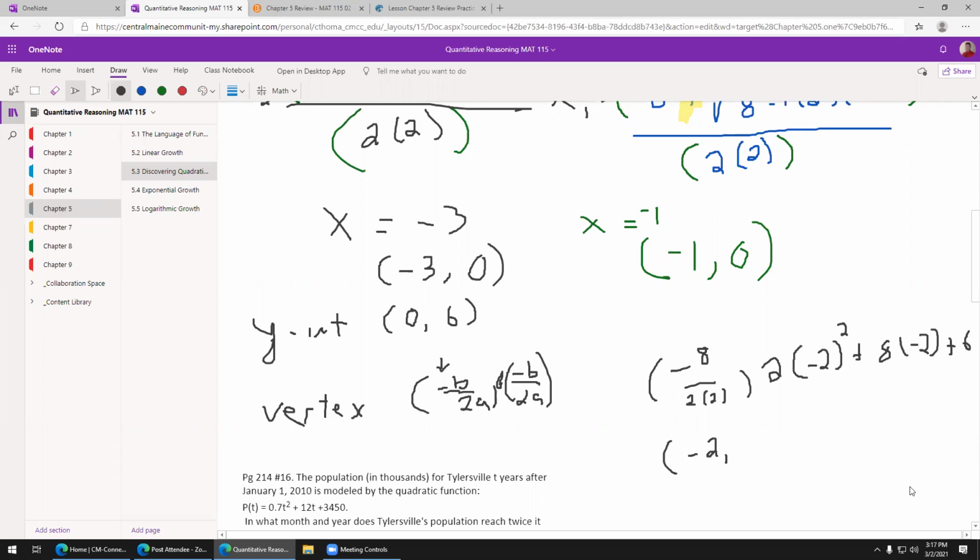So parentheses, -2, close parentheses, squared, plus 8 times -2, plus 6 gives me an answer of -2 again. Of course, I don't have my answers here, so I'm hoping I'm doing this right. If someone else gets a different answer, please let me know. Check my math here: -2 squared is 4, so 2 times 4 is 8.